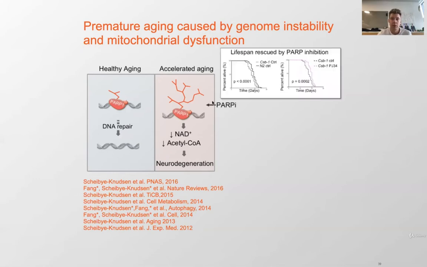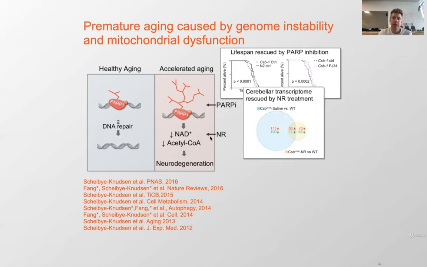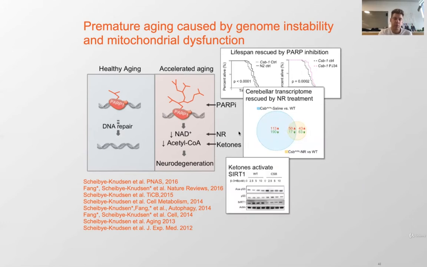And in fact, we can use a PARP inhibitor to increase the lifespan of CSB deficient nematodes. We can also use an NAD precursor, and then that normalizes the entire transcriptome of the cerebellum. Or we can use ketones to normalize cellular features in CSB deficient cell lines.